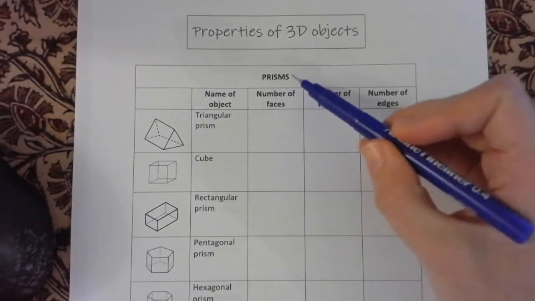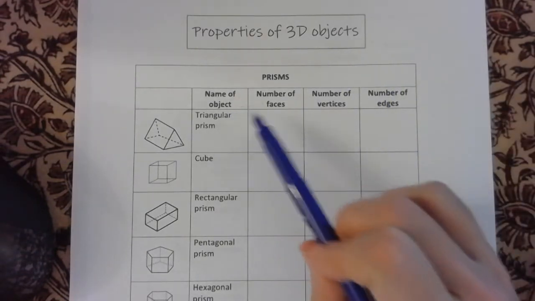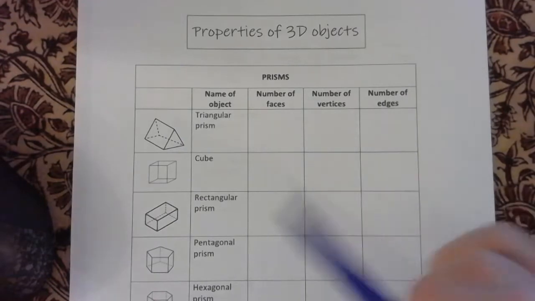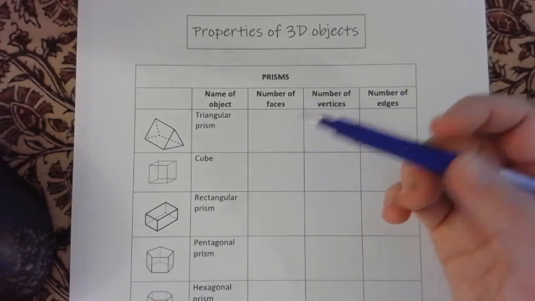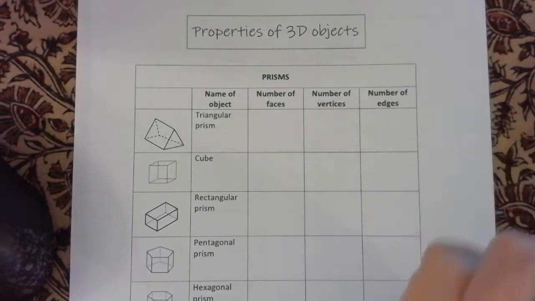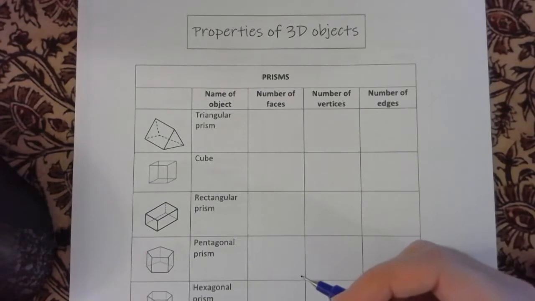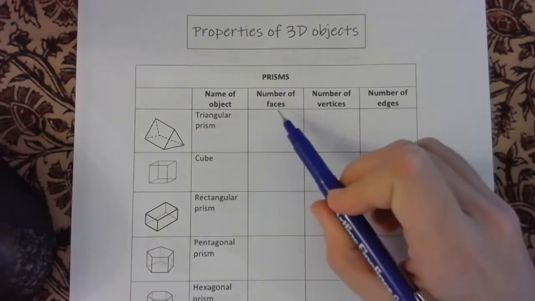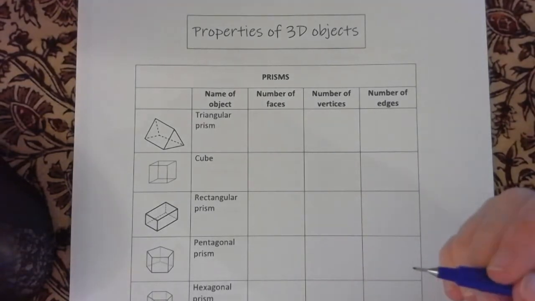So they need to write prisms at the top, and these subheadings: name of object, name of faces, name of vertices, and name of edges, and then also the names of the 3D objects. And then these empty spaces we're going to use to fill in the number of each one of the faces, vertices, and edges of each object.